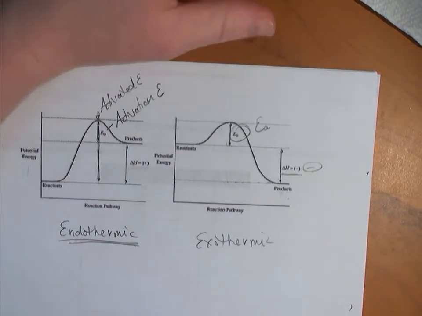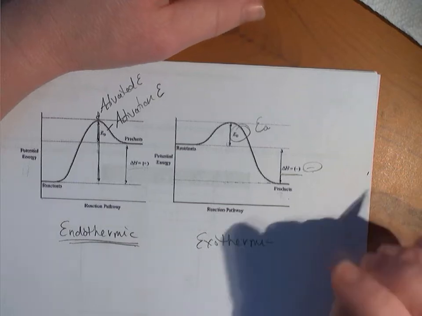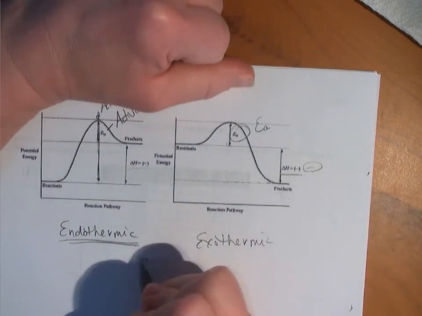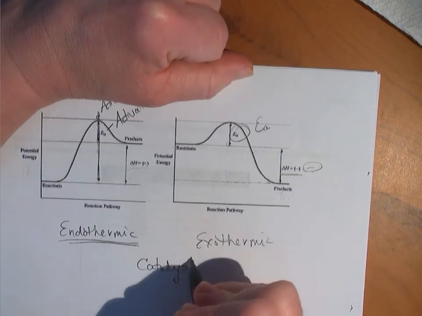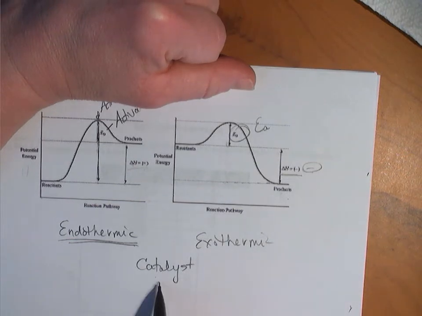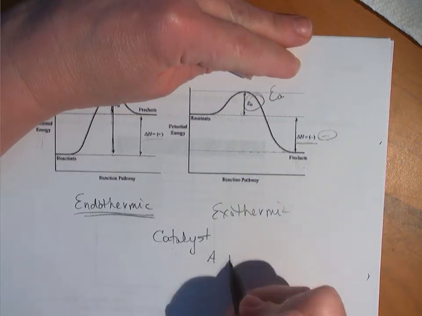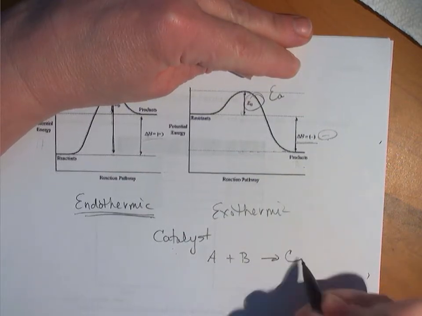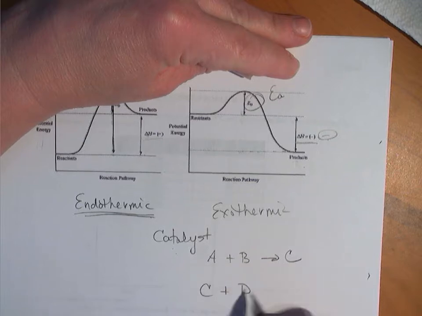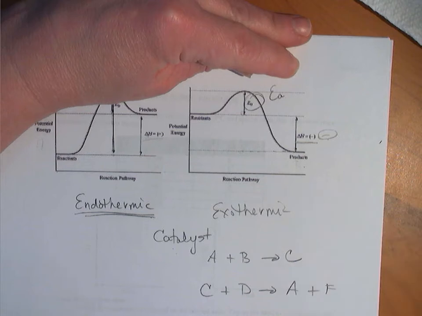Now remember, the role of a catalyst is to lower activation energy. A catalyst is seen first as a species in an elementary step of a mechanism. So remember, mechanisms have multiple steps. Maybe A plus B gives C, and then C plus D yields A plus, let's say, F or something like that.